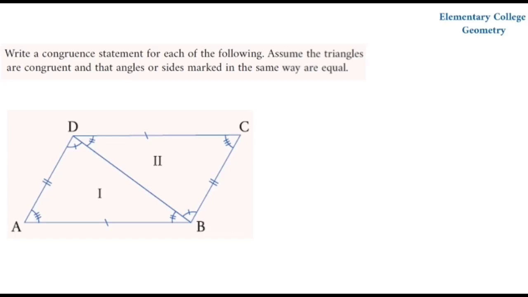So the corresponding sides are DC equals AB, AD equals BC, and DB is a common side, so DB equals BD.